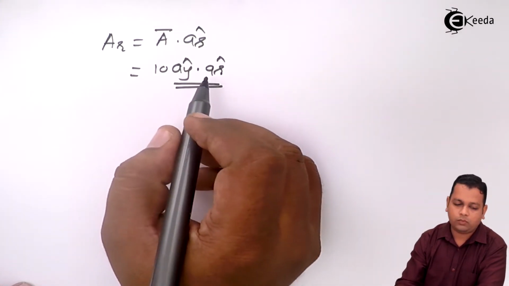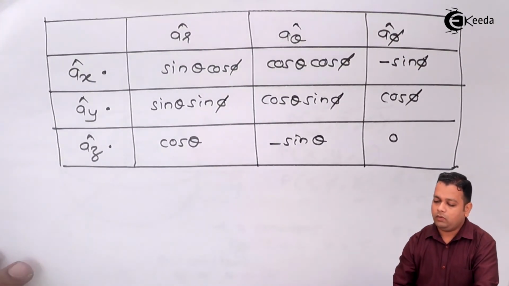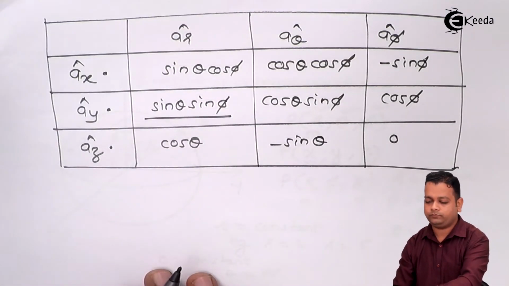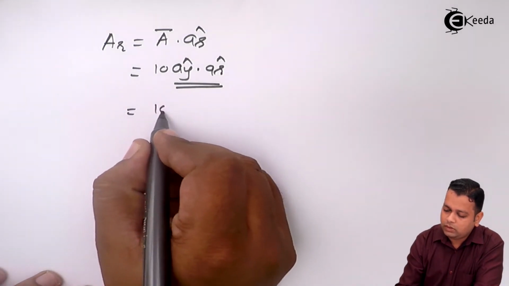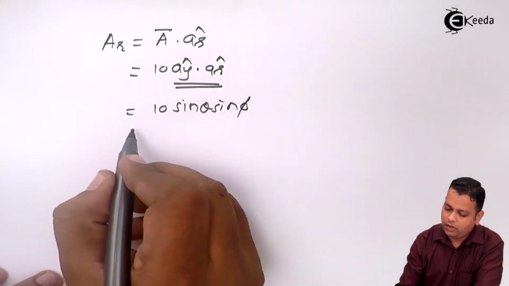AY cap dot AR cap is sin theta sin phi. So this becomes 10 sin theta sin phi.